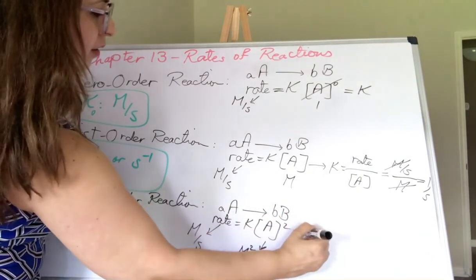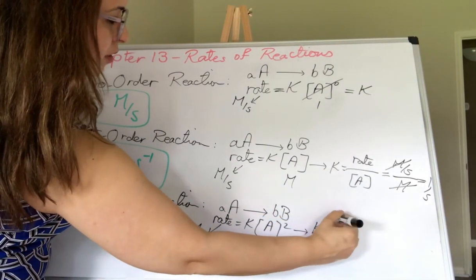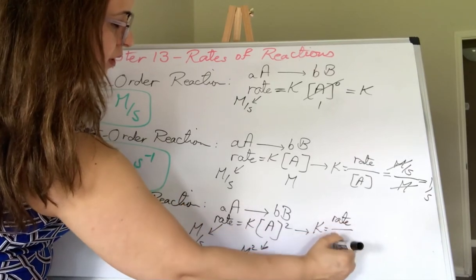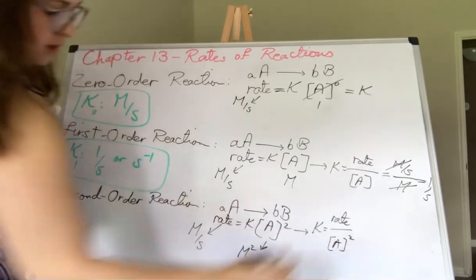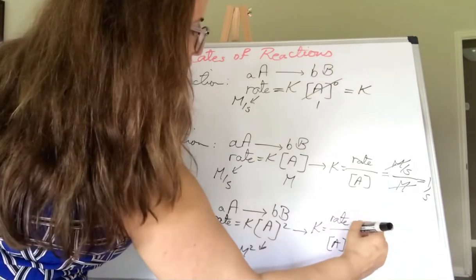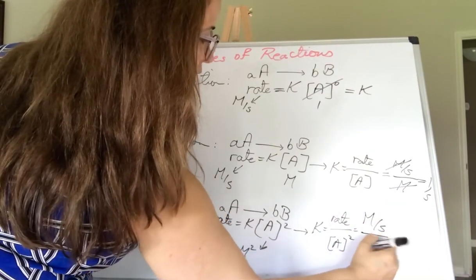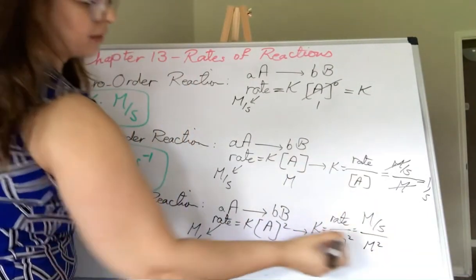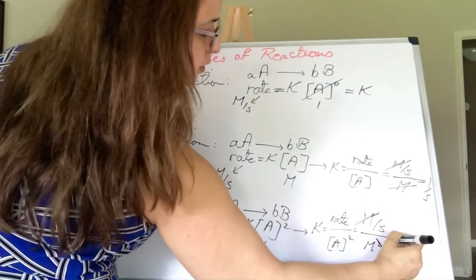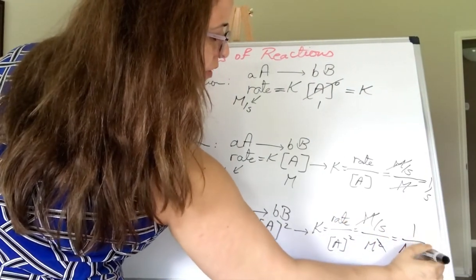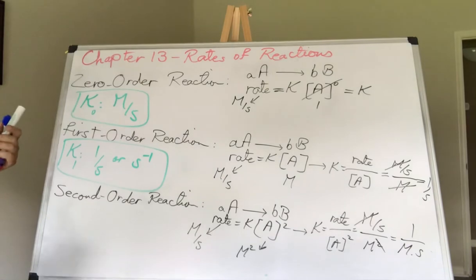So K is going to be rate over A squared, which is molar per second over molar squared. So it's going to be per molar second.